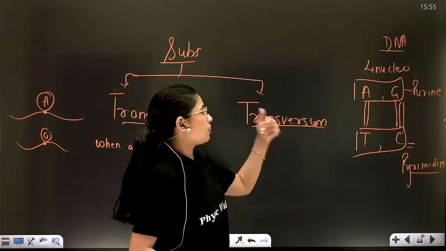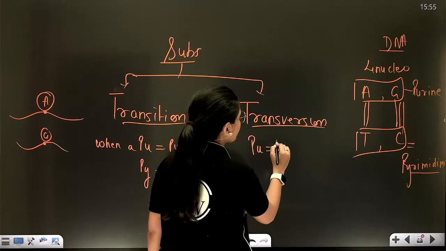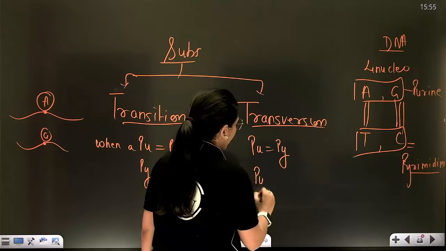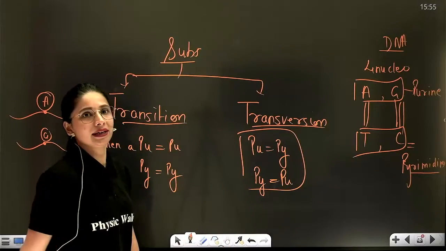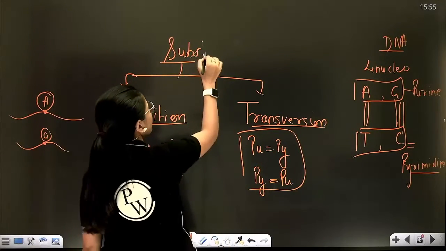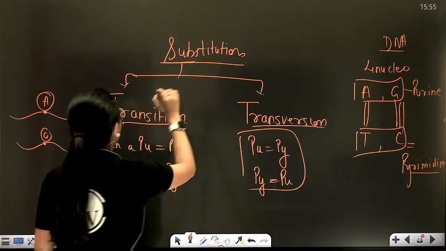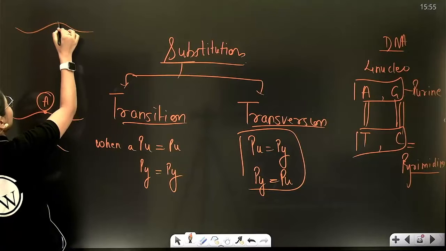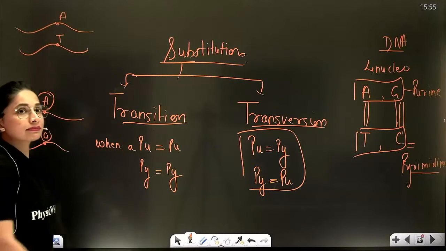Correct? Now next is transversion. When purine is replaced by pyrimidine and pyrimidine is replaced by purine. That means if suppose adenine is there and now it is replaced by thymine.